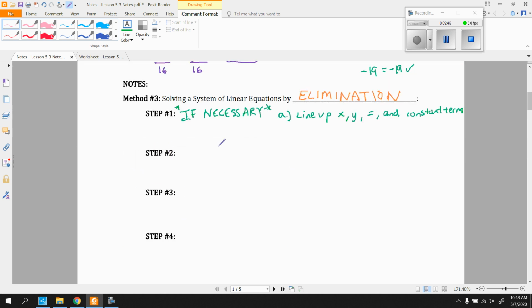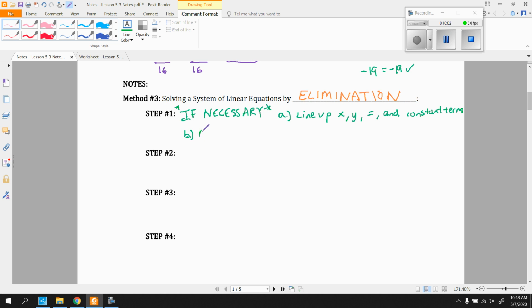Along with this step one, and this one usually is, well, I guess it'll be 50-50-ish on today's notes. So line everything up if necessary, but also, if necessary, we will have to do it today, not on this first example, but the next one.